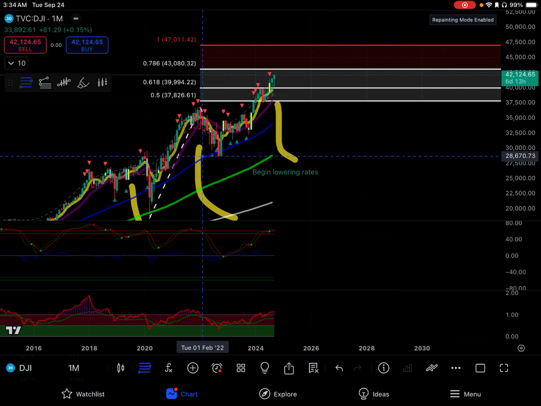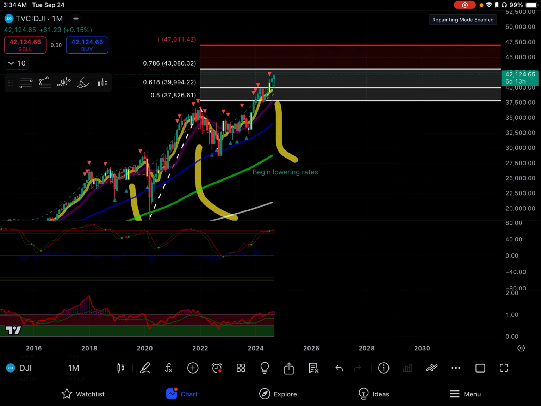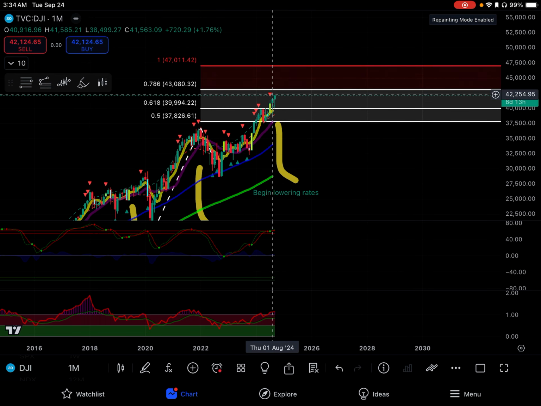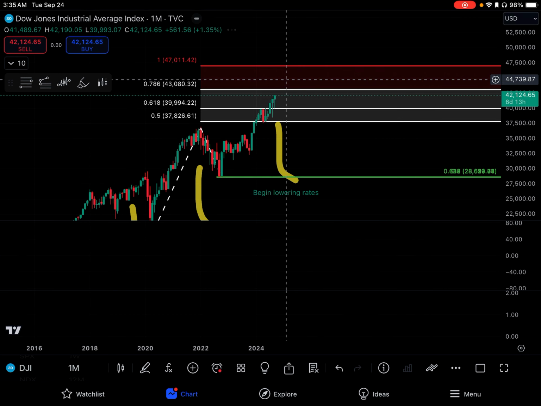I guess we'll have to skip on that one for now. But you can see the fib extension up here. We're up into this top range up in here. Looks like we have a bit of room to run. Maybe we get up above the 78% range, into the 44,000. I'm not sure when we're going to see this pullback, but my guess is anywhere from the next couple weeks to the next few months, we're going to see something.